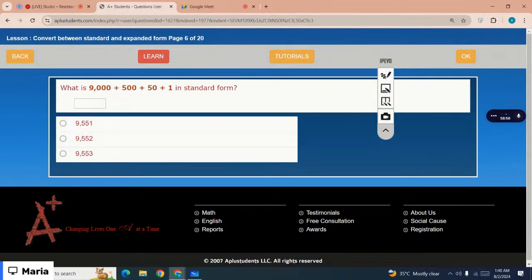What is 9000 plus 500 plus 50 plus 1 in standard form? That is 9551. Option number 1 is the correct option.